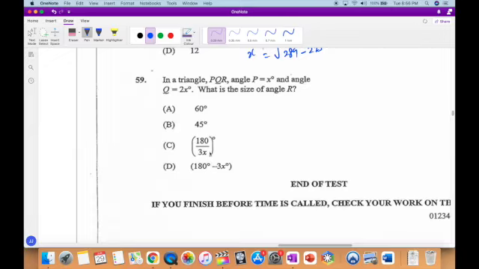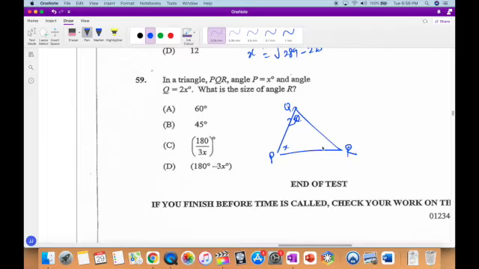So number 59, in a triangle, the angle P is x degrees and the angle Q is 2x degrees. What is the size of the angle R? Well, if we have a triangle here, PQR, they say that the angle P is x degrees, the angle Q is 2x degrees.